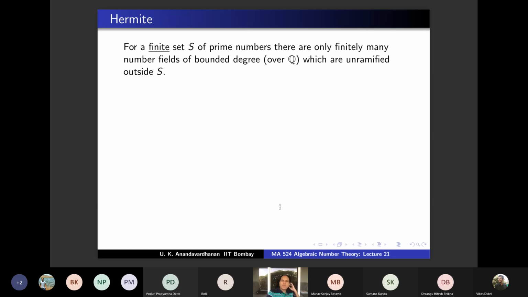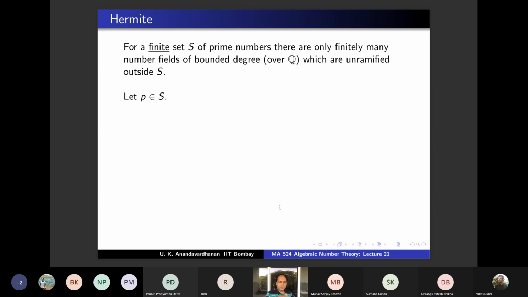So the question is, you give me a finite set and you ask for number fields, all of them should have degree less than or equal to a given number, and with the property that all the prime numbers outside this set S should be unramified. And the result is there are only finitely many such fields.